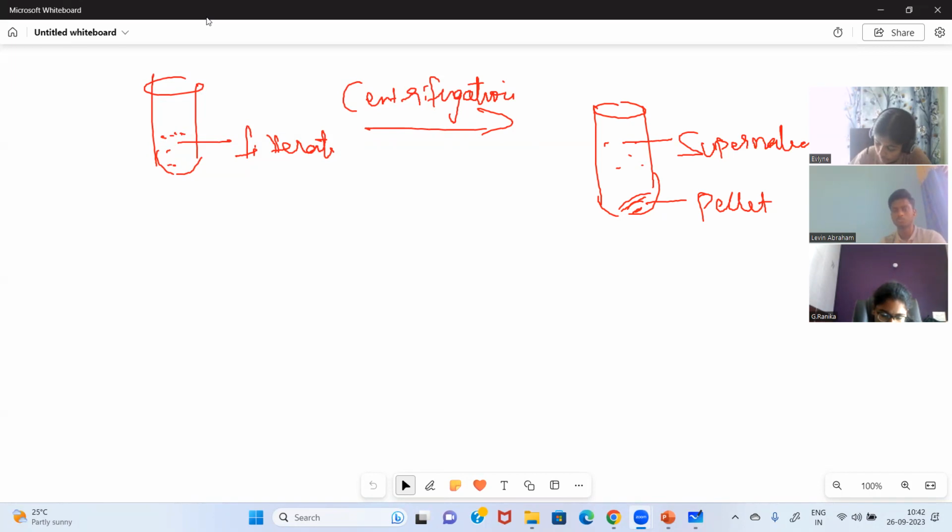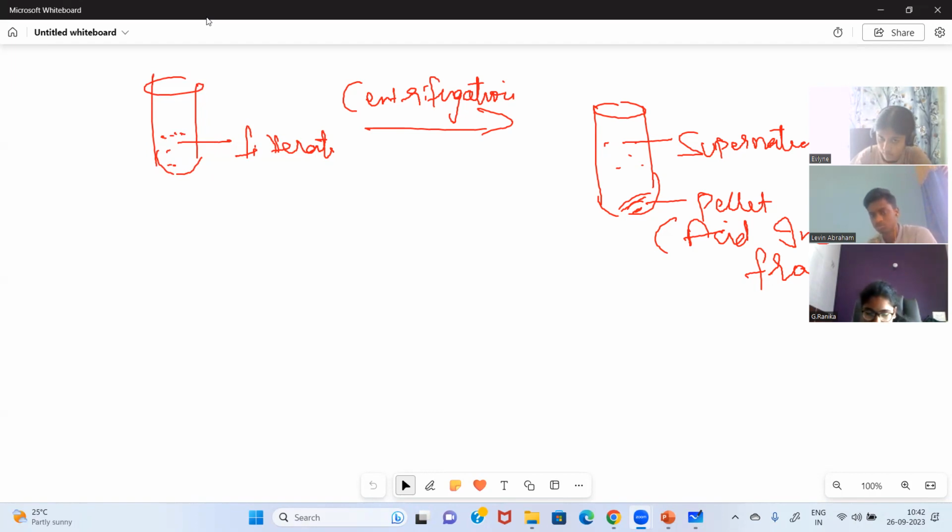What is the other fraction called? Supernatant. Pellet is called the acid insoluble fraction. Pellet is known as what fraction? Acid insoluble fraction. And supernatant is also called the retentate.